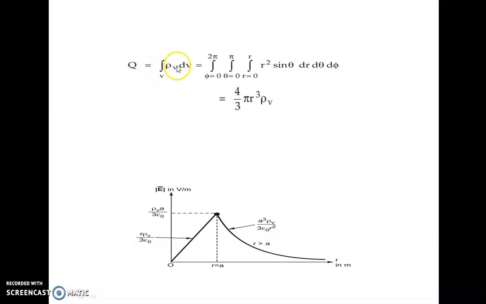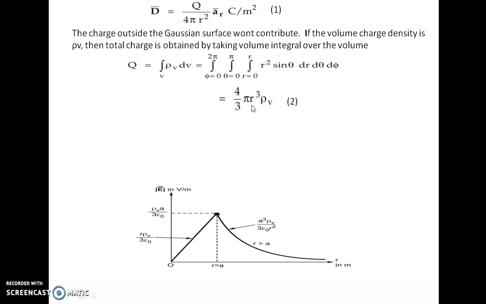So Q is equal to the volume integration of rho_v dv, 0 to 2 pi, 0 to pi, and if I integrate this, I'll get this equation. It is the same as case 1: 4 by 3 pi r cube into rho_v.